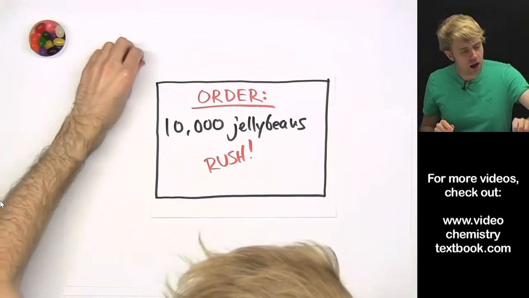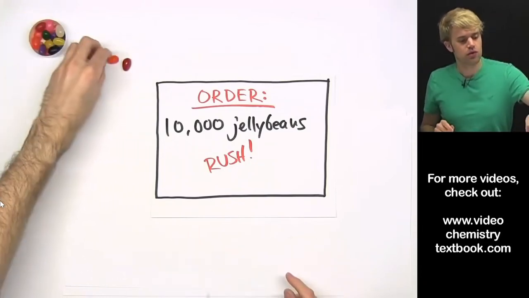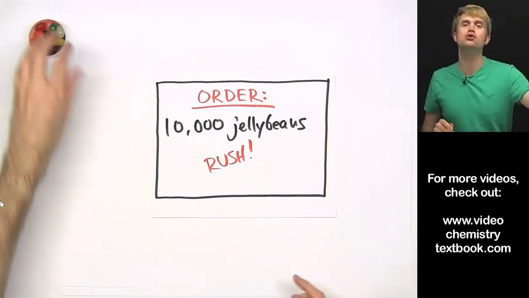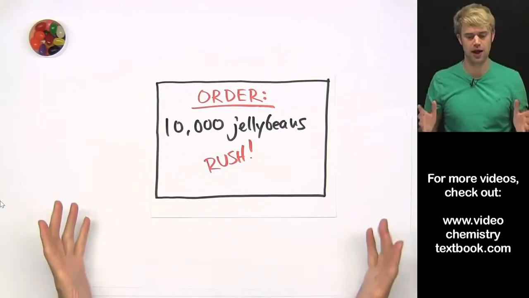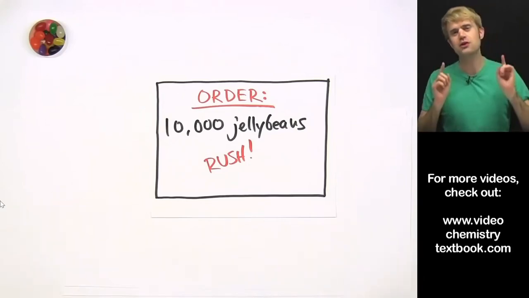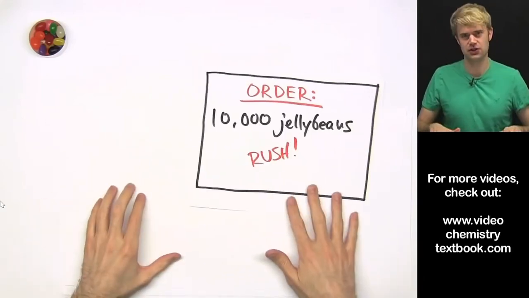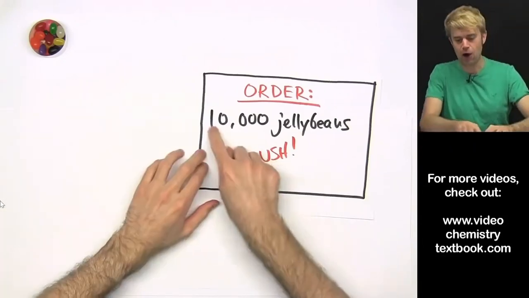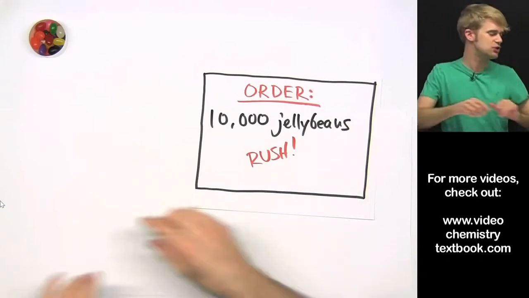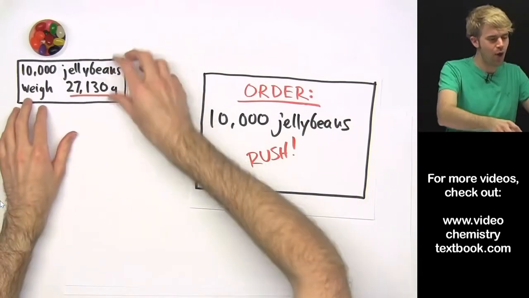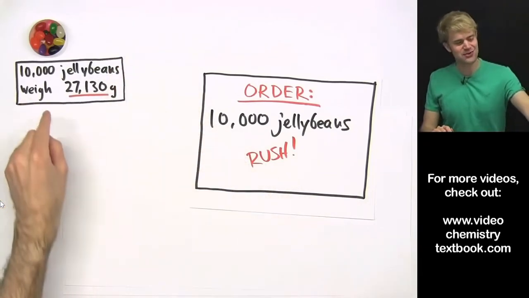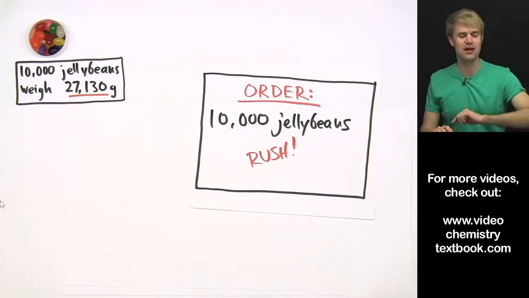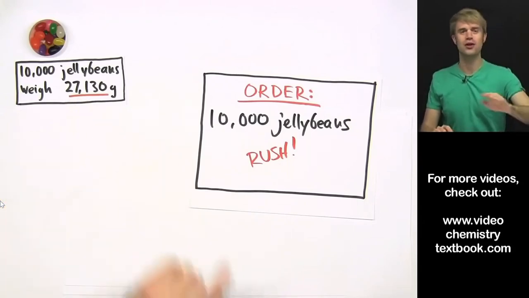I've got to go 1, 2, 3, counting out 10,000 jelly beans. It's going to take all day. What could make my life a whole lot easier? Well, one thing that would be really awesome is if I knew how much 10,000 jelly beans weighs. Right? So what if I figured out that 10,000 jelly beans weigh 27,130 grams?